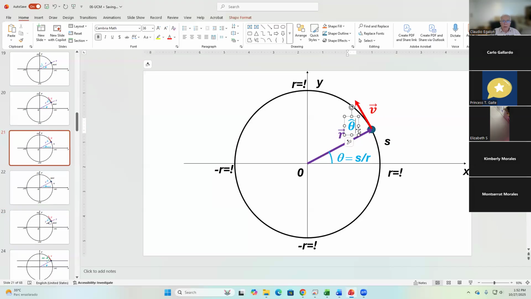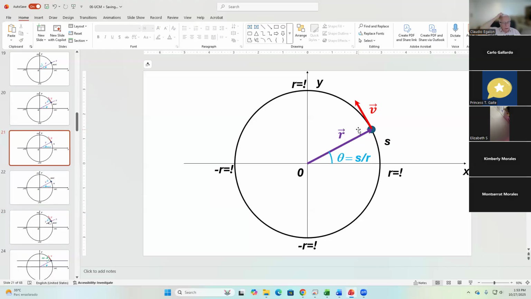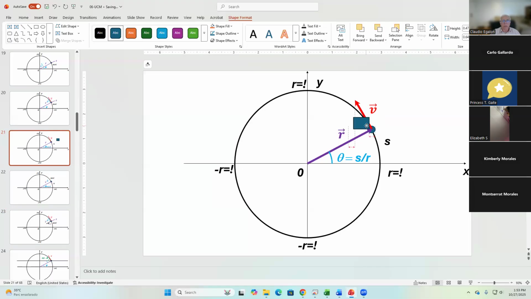This angle that you see right in here is 90 degrees. That's what you have to realize. Let me put the symbol for 90 degrees right in here.